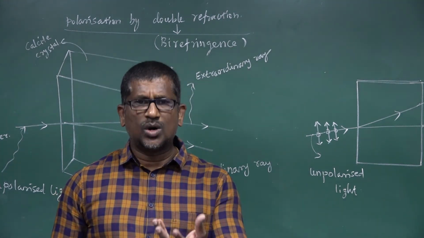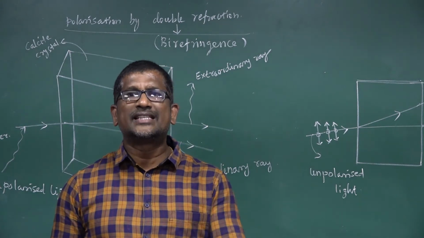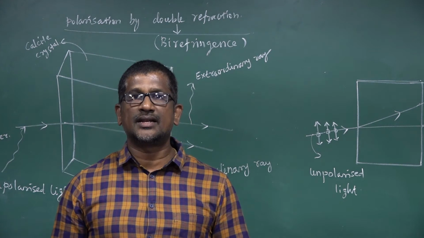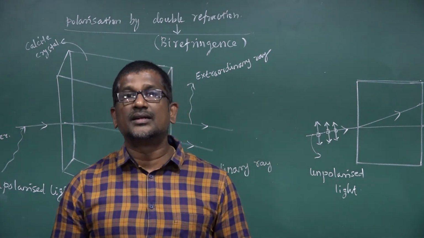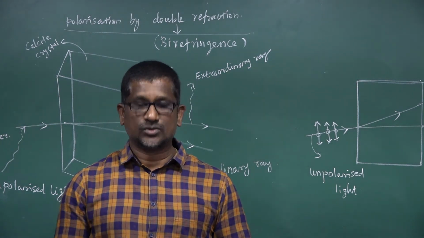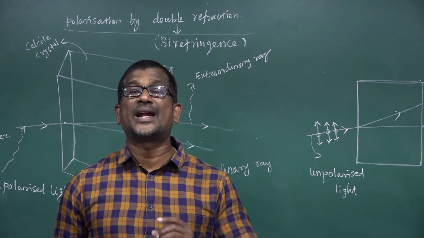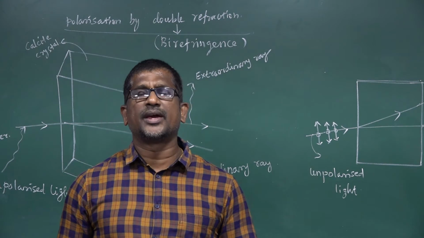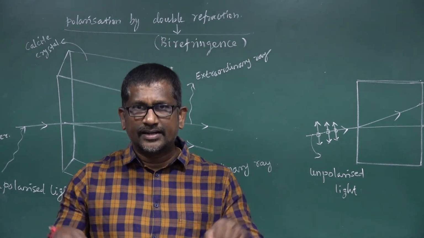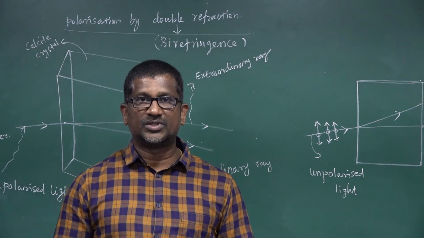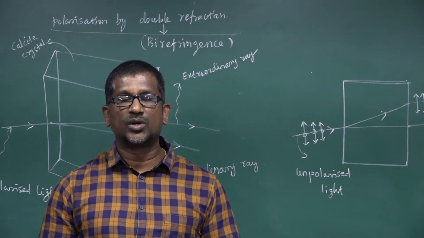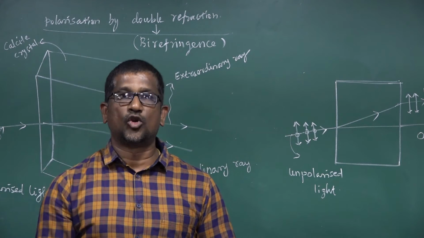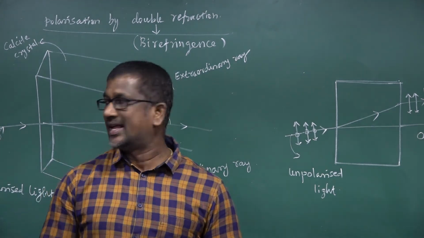And what are the crystals that exhibit this double refraction phenomenon? First calcite crystal, second mica and third quartz. These are called double refracting crystals. Now let us consider a single white sheet or white paper, on which we put a single ink drop or ink dot like this.